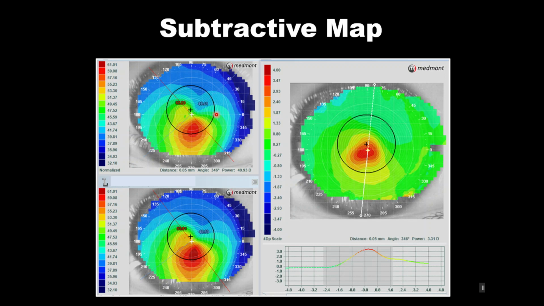And what that does is it subtracts each data point, this map from this map. So it's like going A minus B equals C. What is the difference? So wherever you see hot or red, you are seeing steepening over time. Where you see blue, you're seeing flattening between these two visits.